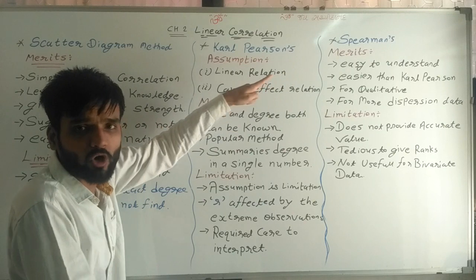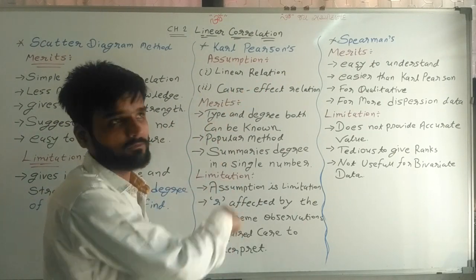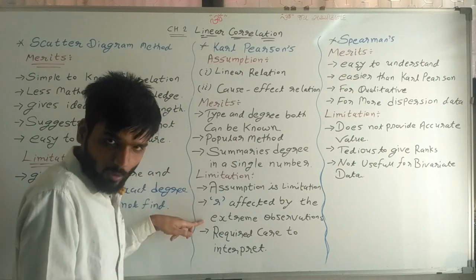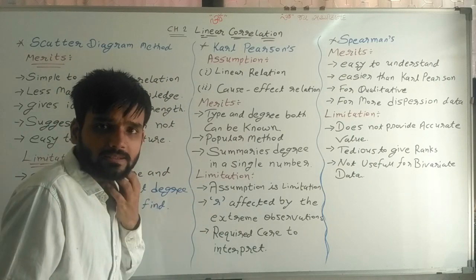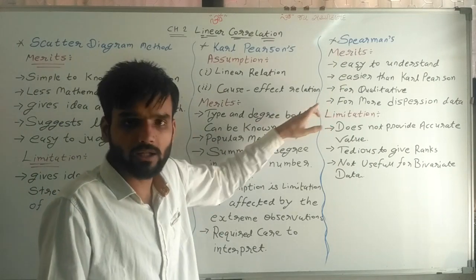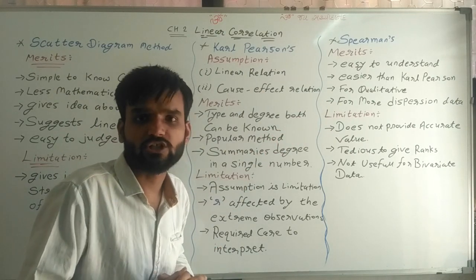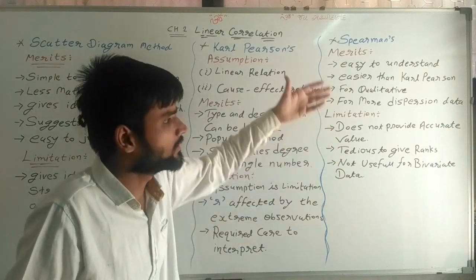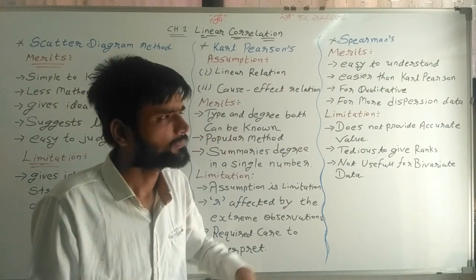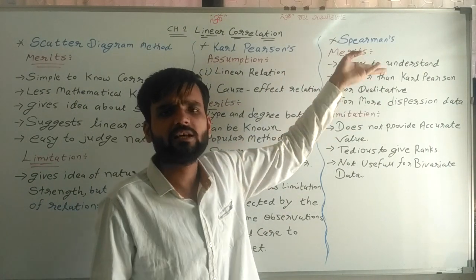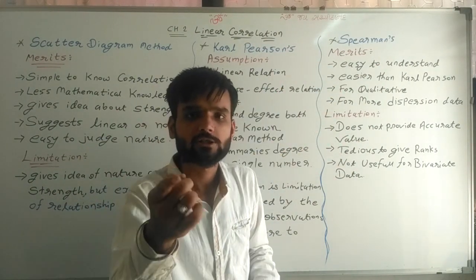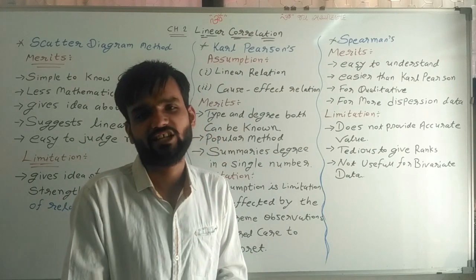It is possible for attribute data, qualitative data, which is not possible here. Same way, when extreme observations and dispersion are there, this is also applicable. This cannot be suggested; only this method is suggested. These are the main two merits. The remaining two are easy: easy to understand, easier than Karl Pearson, and simple. So the 4 merits of Spearman are given.